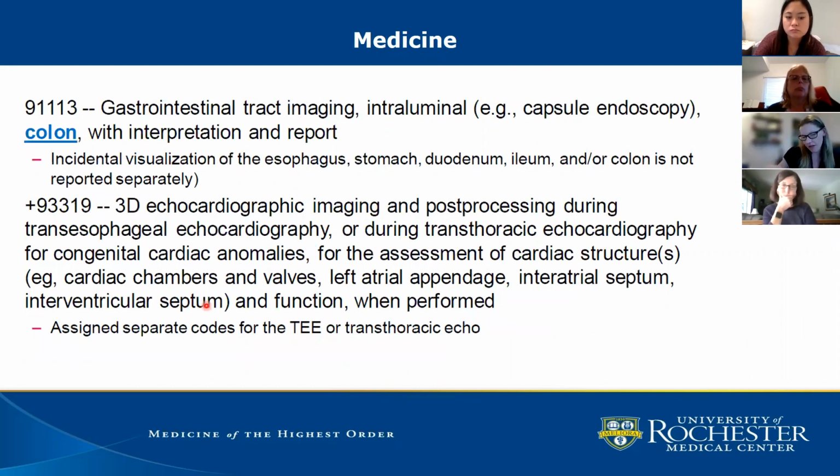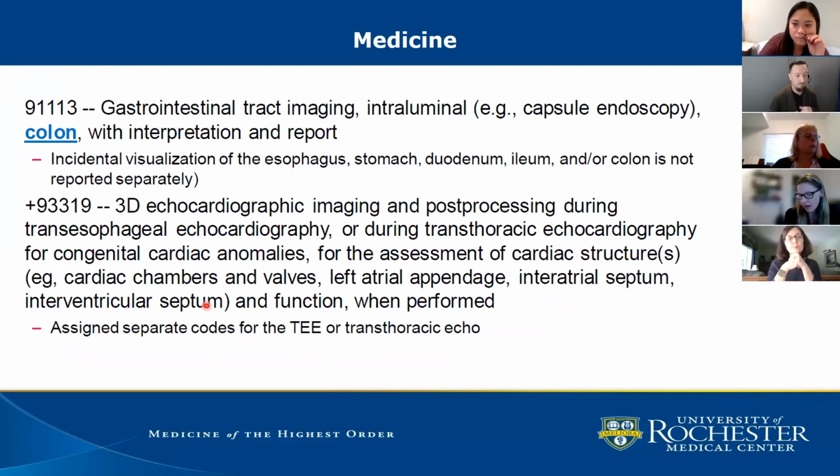So this first code here, the 91113. This is another code that used to be a category 3 code. It's for GI tract imaging, done by capsule endoscopy, and that's at the colon. There's also an add-on code, 93319, which isn't related to the code above it.